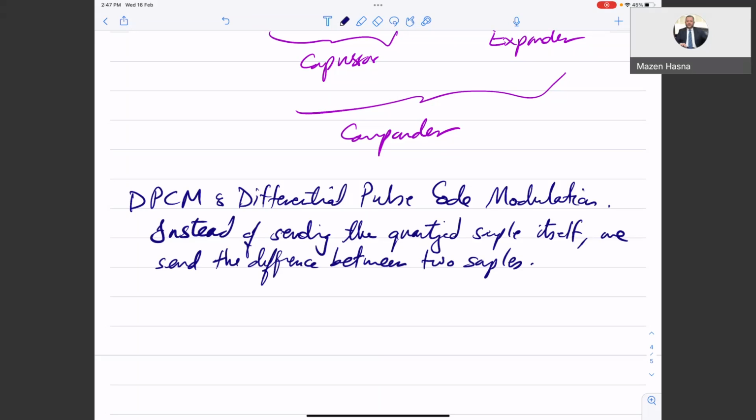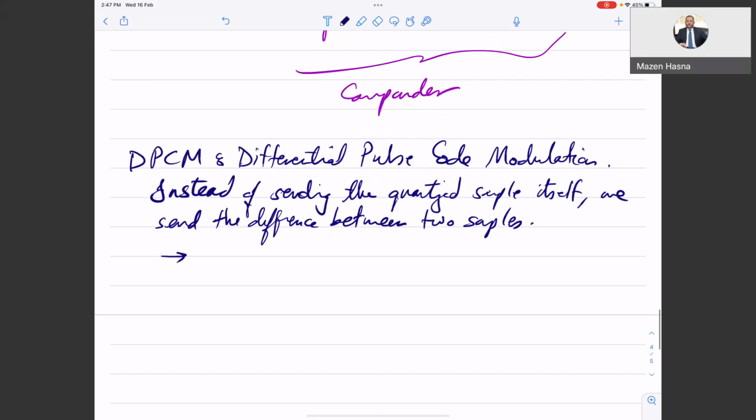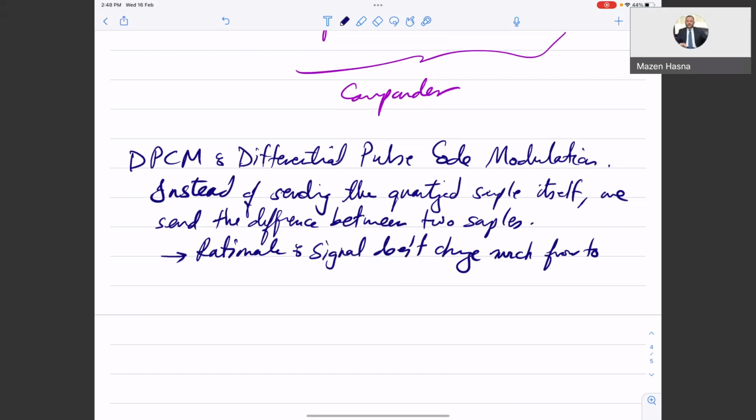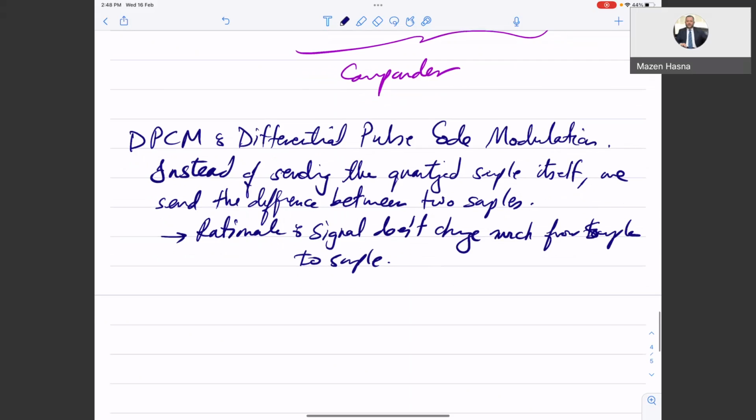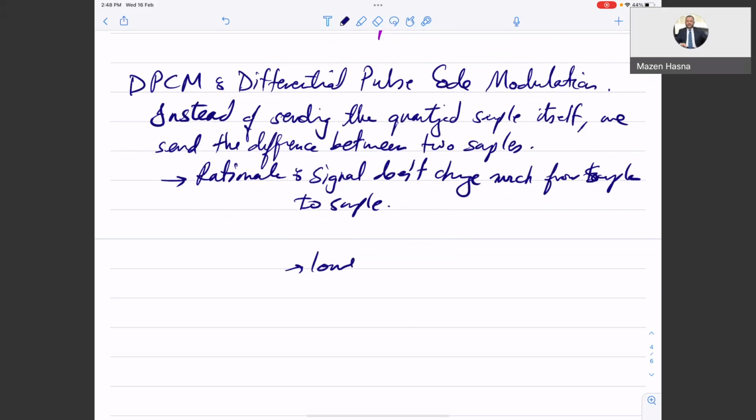So what happens? What's the rationale for this? Signal level does not change much from sample to sample, right? So lower dynamic range, right?